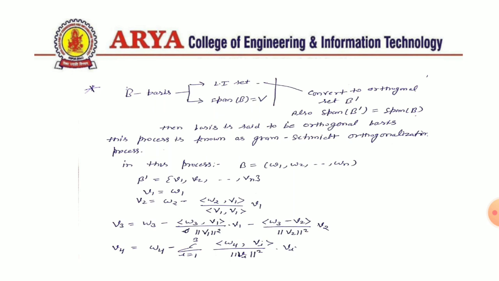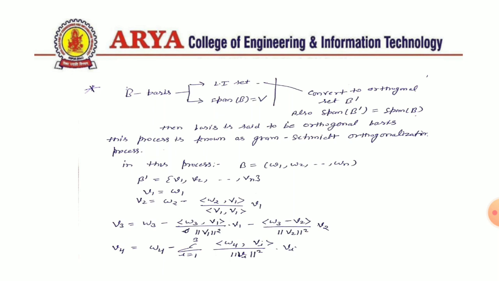Similarly, V3 equals W3 minus inner product of W3 with V1 upon norm of V1 squared into V1, minus inner product of W3 with V2 upon norm of V2 squared into V2.